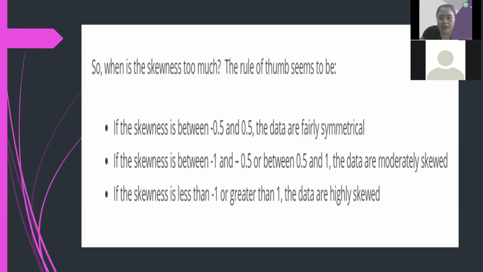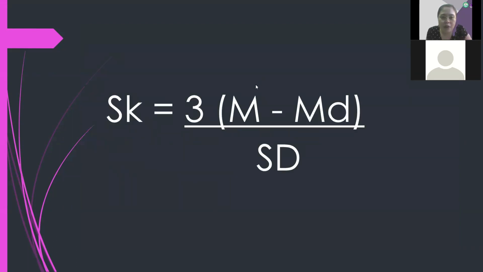Yung ating range. Like this one, if we have computed the skewness as between negative 0.5 and 0.5, the data are fairly symmetrical. So again, pag nag-compute tayo, meron tayong sets of data. We computed for the mean, we computed for the median, and also the standard deviation.